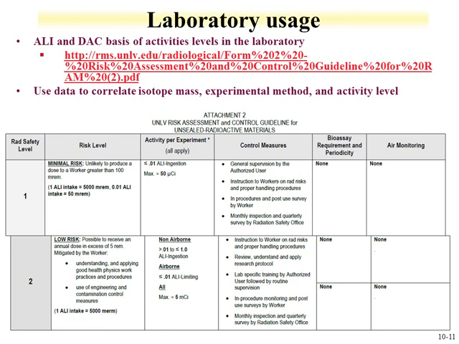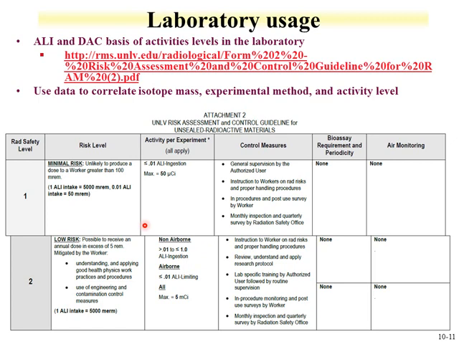This information is used to describe a rad safety level for experiments. So for instance, if all the isotopes that one is working with have an annual limit of intake for ingestion of 0.01 or less of an ALI, that's at a rad safety level 1. Very basic work. Wide variety of people can work with this.